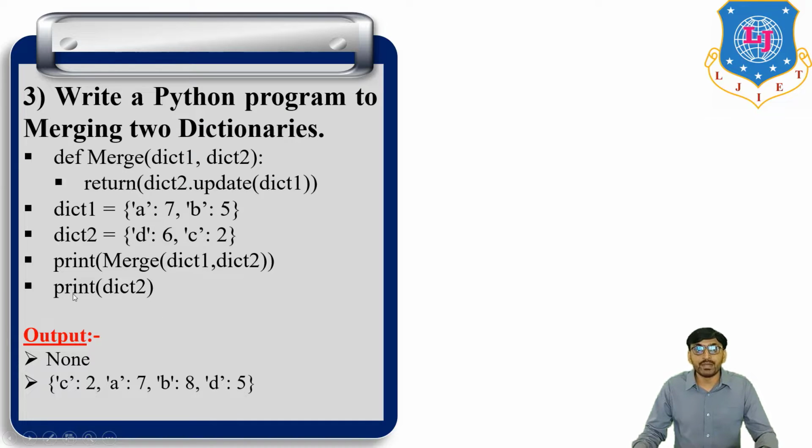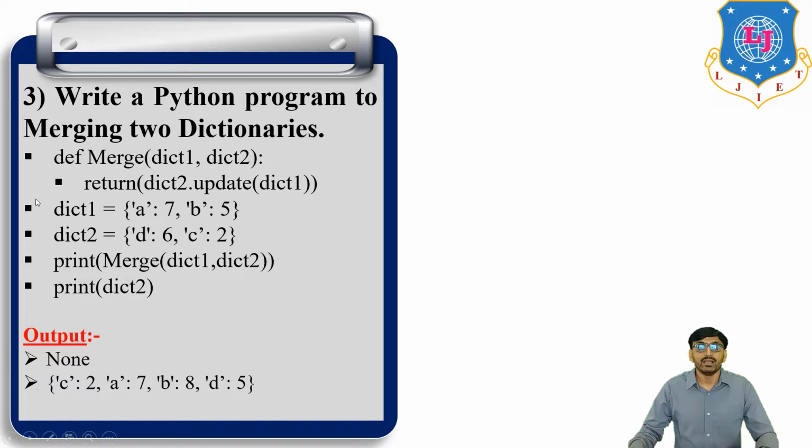So if we print dict2, then C2, A7, B5, D6, all the elements of dict1 and dict2 are combined. And in a dictionary there is no indexing. Okay, remember this one.